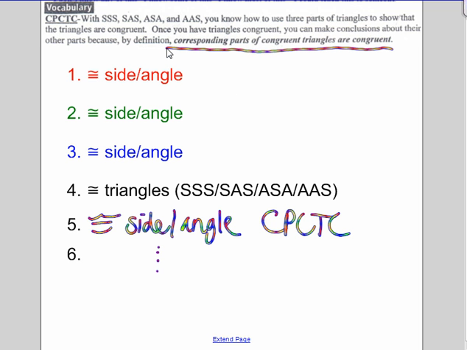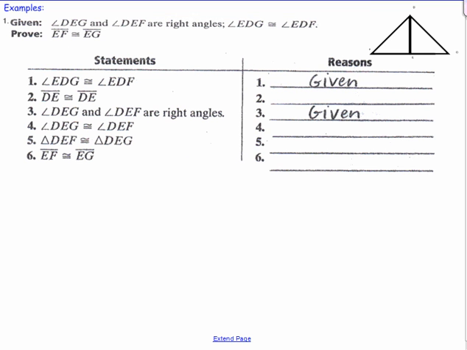I'll show you what I mean by that in our later proofs. But every single proof, you're trying to get a congruent side or angle in red, then blue, or red, then green, then blue, then congruent triangles. Every single time the next one is CPCTC after this one.